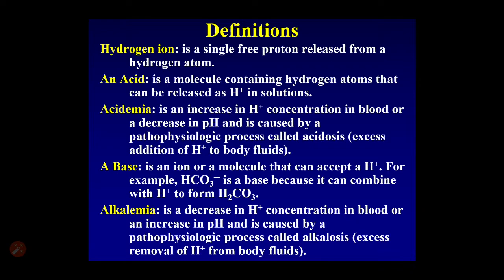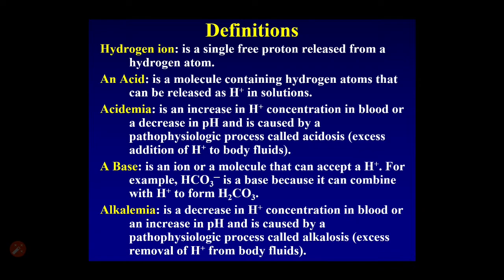Okay. So remember, we will talk about normal regulation, which under normal circumstances, you don't have an acid-base problem. So your kidney, your respiratory system, your body fluids are regulating your acid-base balance. You have no problem, but we want to talk about clinical situations where there is a problem.